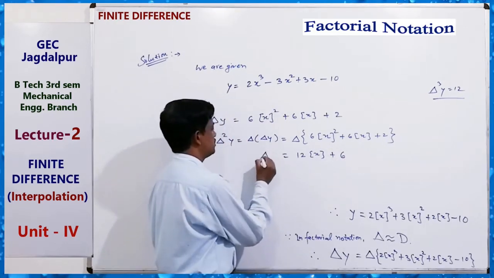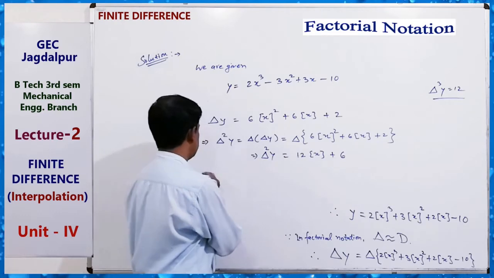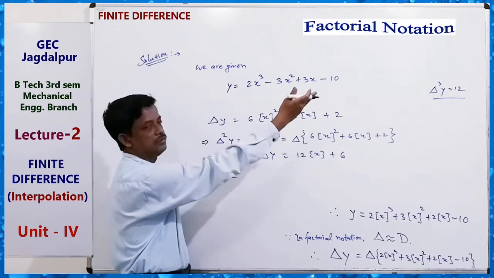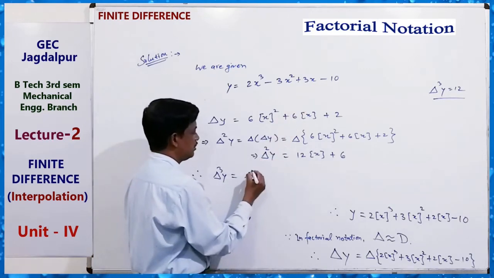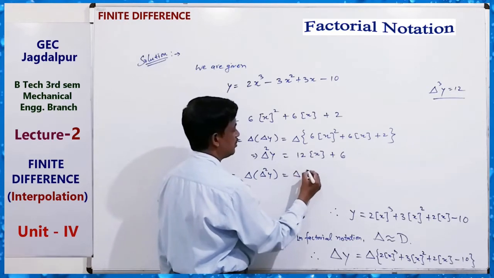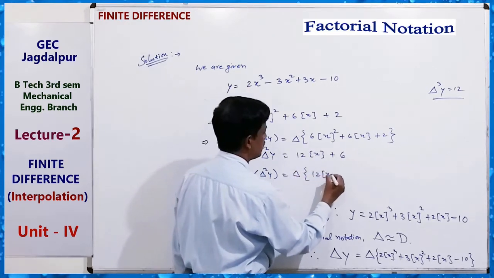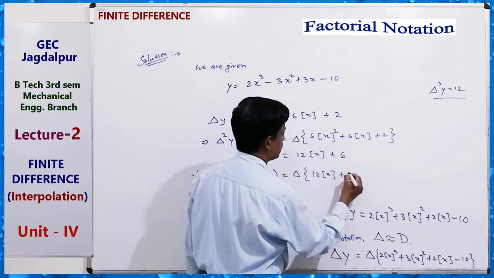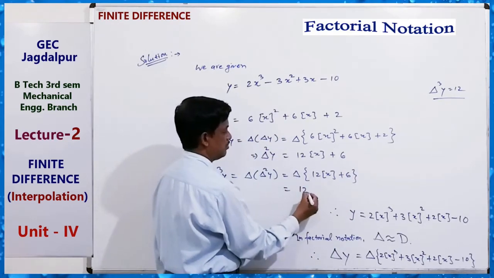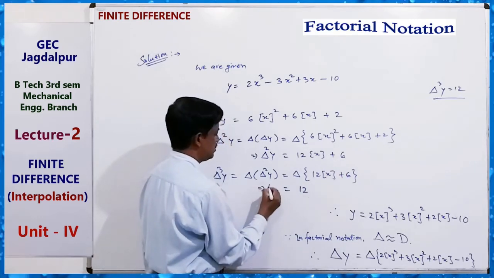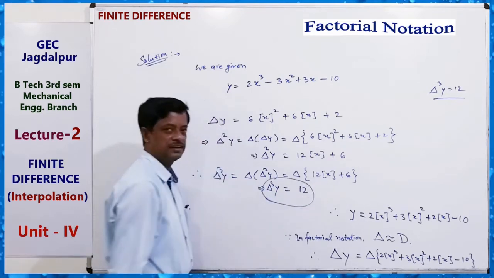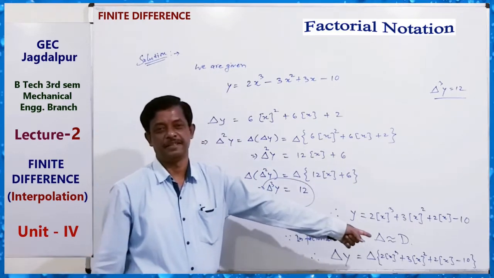This is the second difference. Therefore, the cubic difference, the third difference. What? del of del square y, del of 12x plus 6. Now del of this, 12 is 0, implies del q y. This is the answer. Just differentiate it.